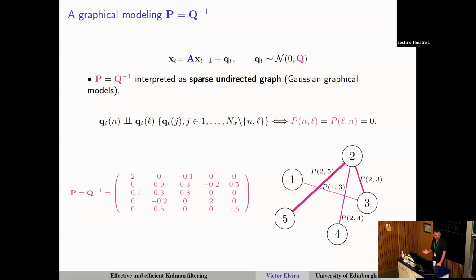So you have conditional independences between different dimensions of a standard Gaussian vector, and this is encoded in the precision matrix. The zeros are encoded there. So we can interpret as well that if you have zeros in the matrix, not Q but P, then you can have this vision of how conditionally independent the different dimensions are.